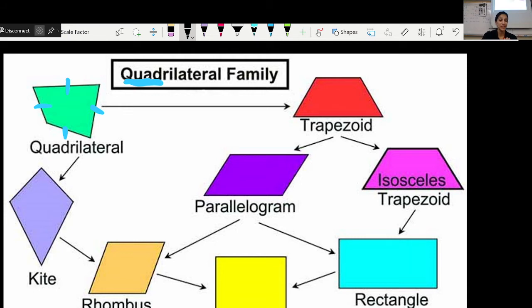If we look at this side and this side, what do we know about them? They're equal and they're parallel. Everybody know what I mean by parallel? Exactly the same distance apart if we were to measure them. Those are parallel, and these two opposite sides are also parallel to each other.